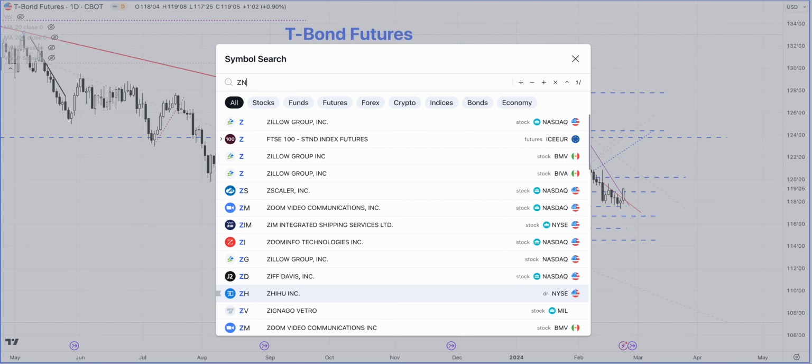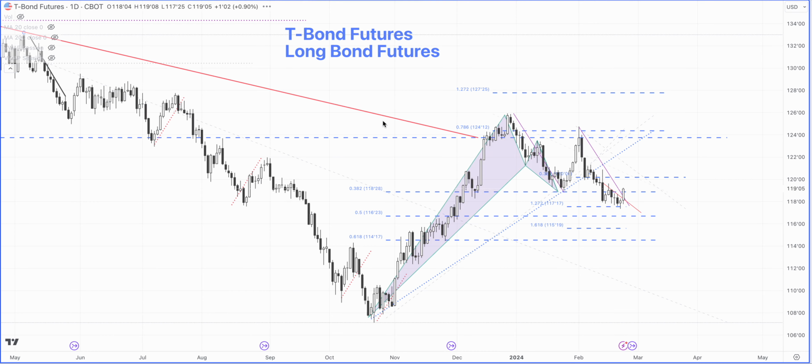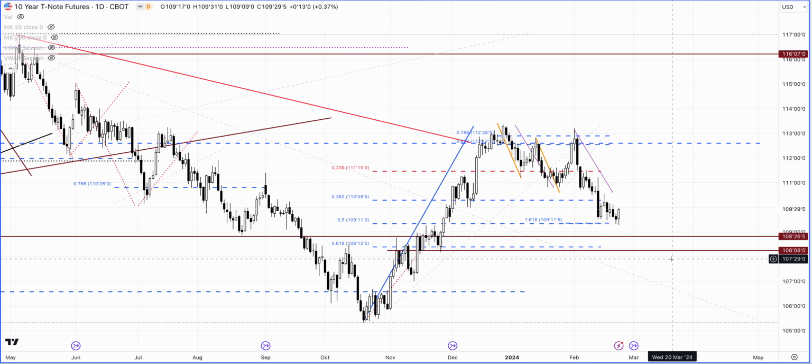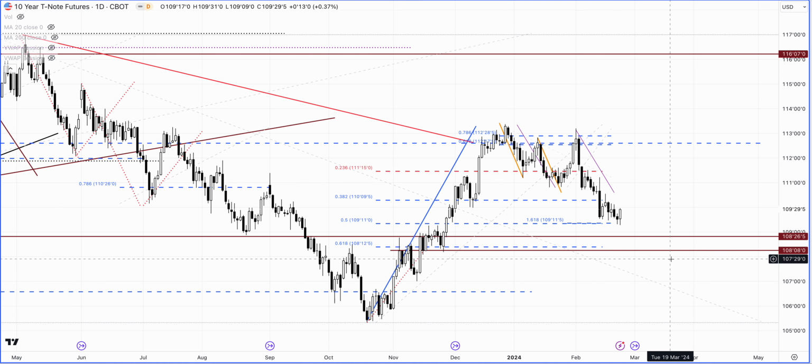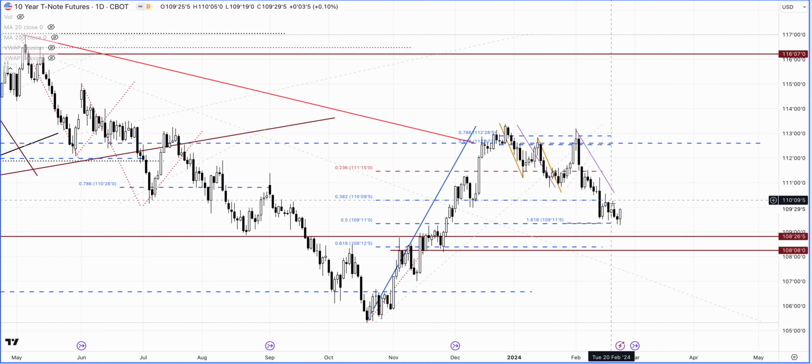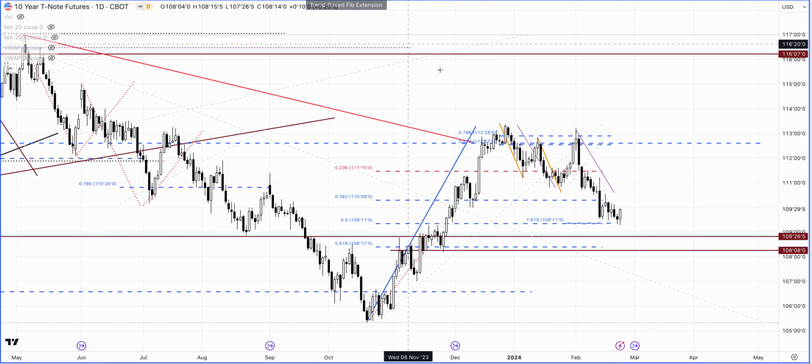Let's take a look at ZN. This is the 10-year Treasury note market. Here we have something very similar, but a slightly different pattern, because we don't have this ABCD. What we have is an extension of ABCD.